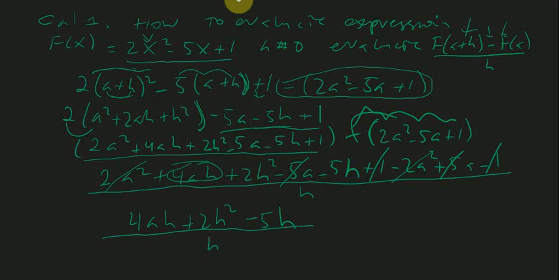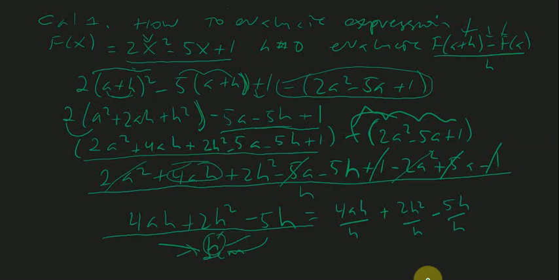So now this becomes 4ah over h, plus 2h squared over h, minus 5h over h. The denominator h goes under all of them, like a common denominator.